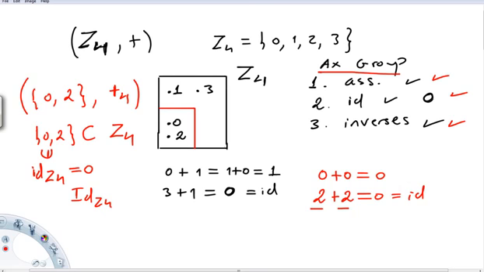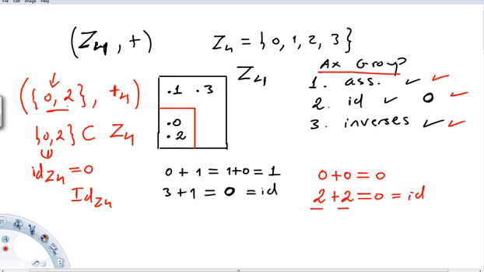Because the operation is associative here. There is the identity. The identity is 0. So this set took the identity from Z4, the same identity as the group, and every single element has an inverse too.